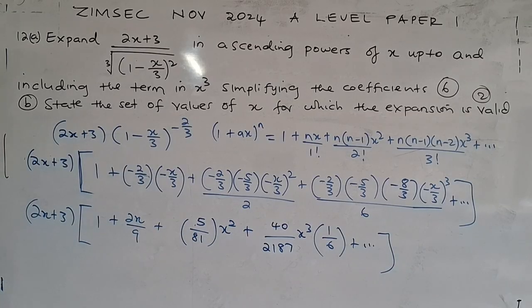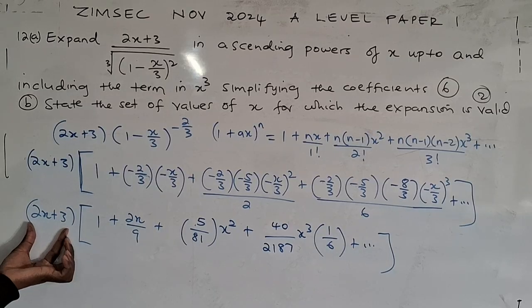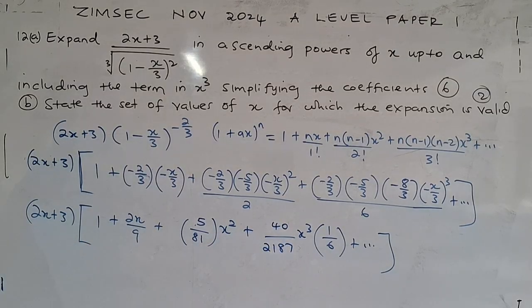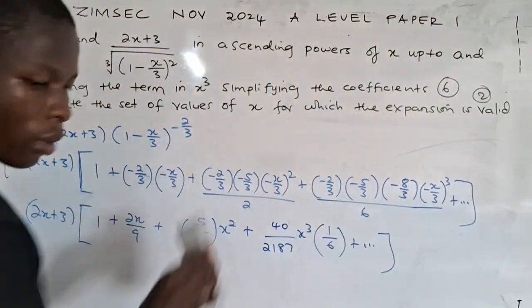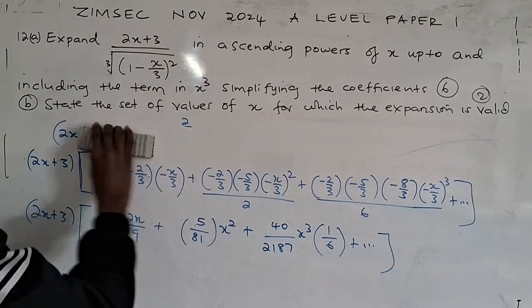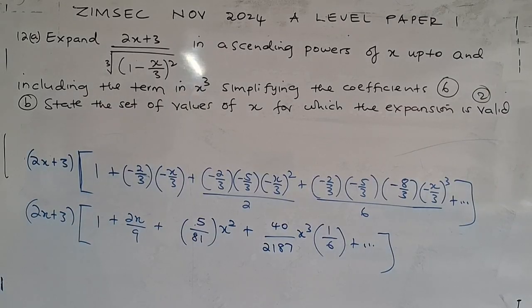Okay, here we are. This half gone. Now what are you supposed to do? You multiply this by this. What is the answer? I'm going to write the answer here. Okay, I'm going to remove this part again.